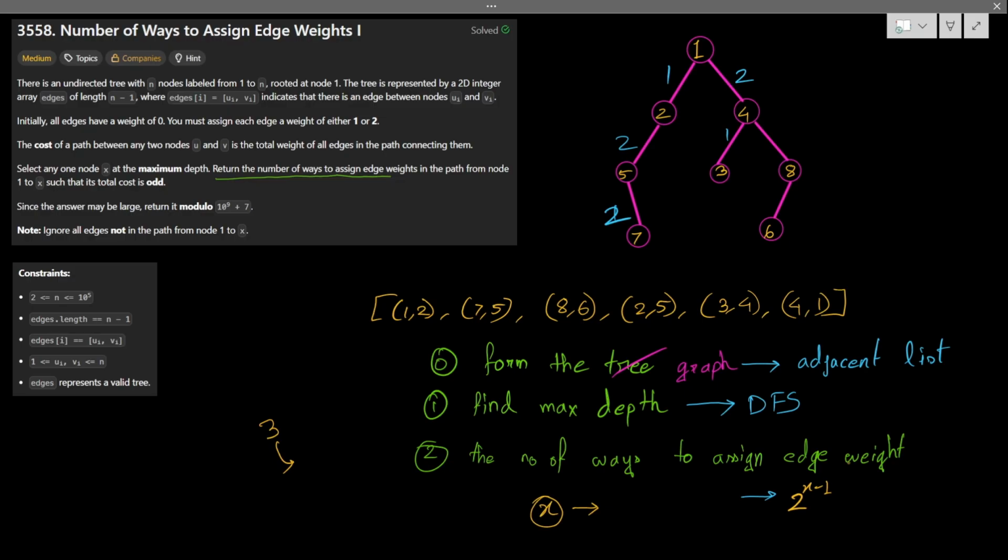So if the number of edges in the path is X, that is how many ways we can assign the edge weights such that the overall cost, which is the sum of all the edges, is odd. Here X is nothing but the number of edges present in that path.